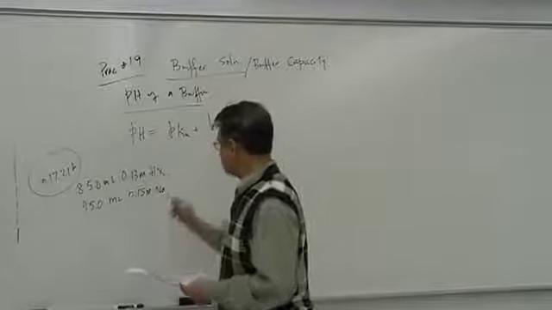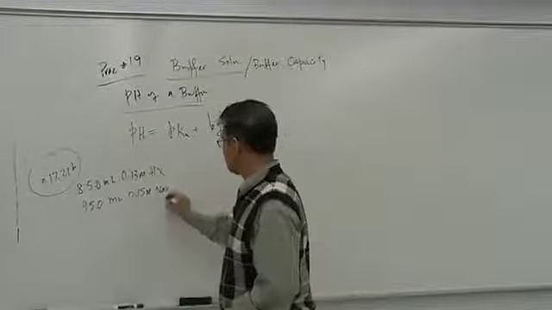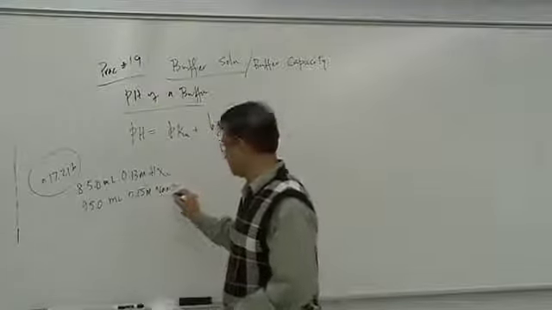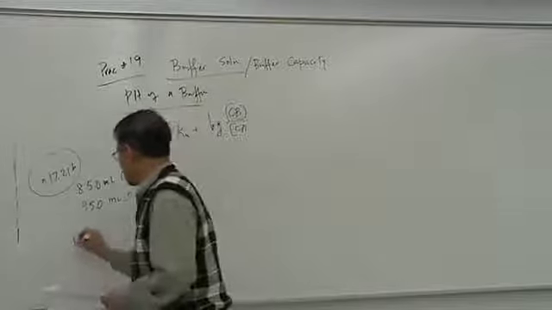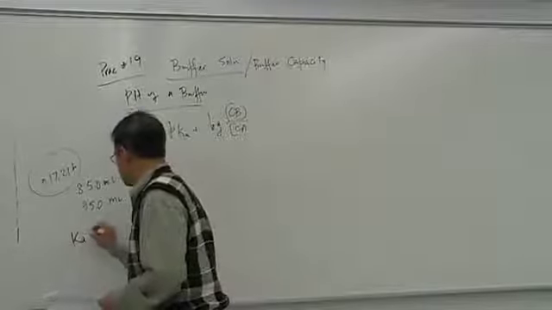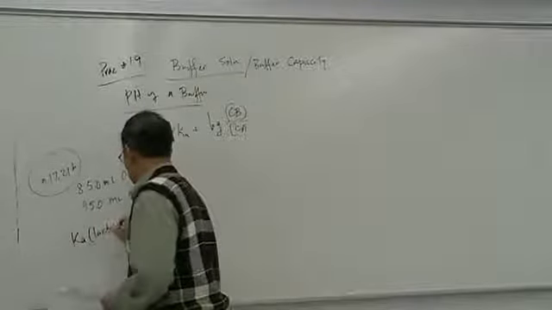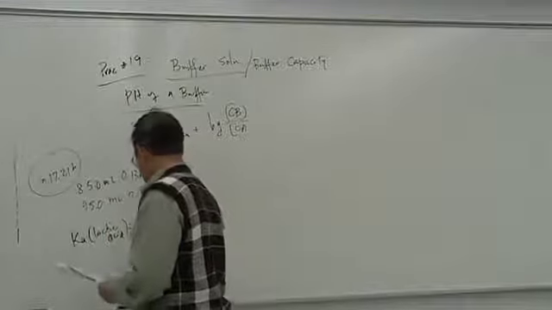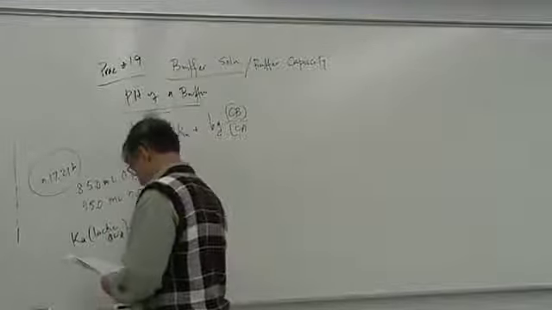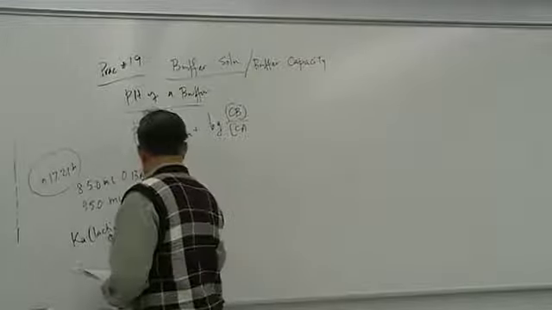So HX is lactic acid, and this is sodium lactate, the 0.15 molar. And Ka is given for lactic acid, equals 1.4 times 10 to the negative 4.